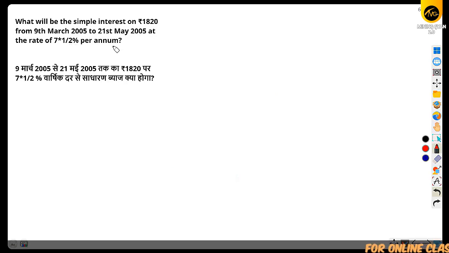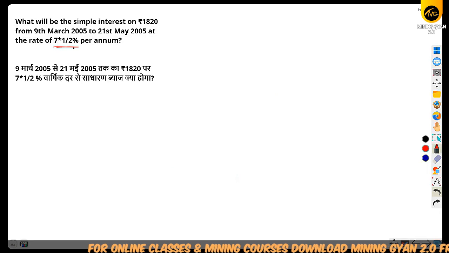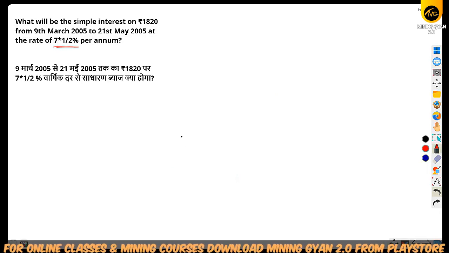Okay, again we have to count the days from 9th March 2005 to the 21st May 2005. And the main twist is the rate of interest, which is in mixed fraction form, that is 7 into 1 divided by 2. So the principal amount is 1820 rupees.